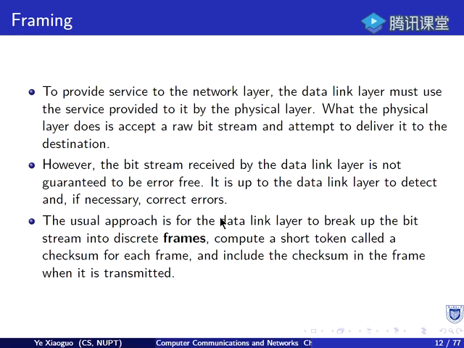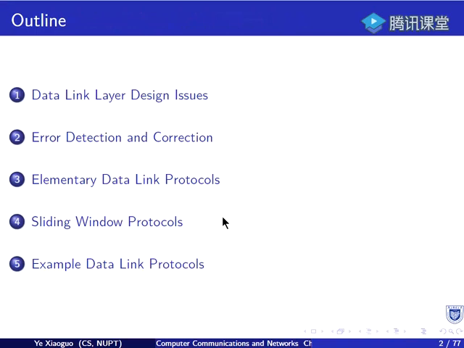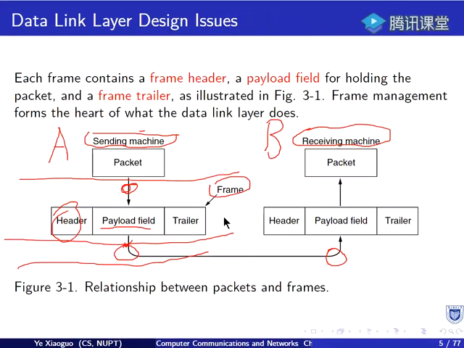Where is the checksum put? The checksum is usually put in the trailer. The header includes some control information, right? Then the packet is encapsulated in the payload field of the frame.